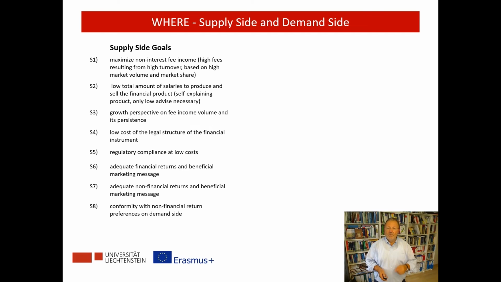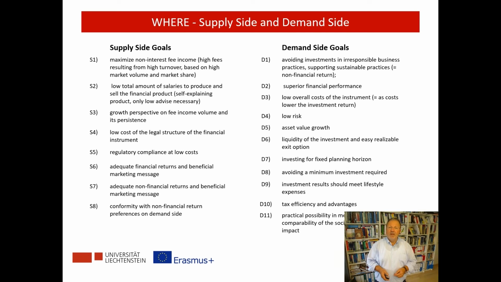And if we go to the demand side, then the goals, you see it here with D, 1 to 11: avoiding investments in irresponsible business practices, superior financial performance, low overall costs of the investment, low risk, asset value growth, liquidity of the investment, investing for fixed planning horizon, avoiding a minimum investment required.